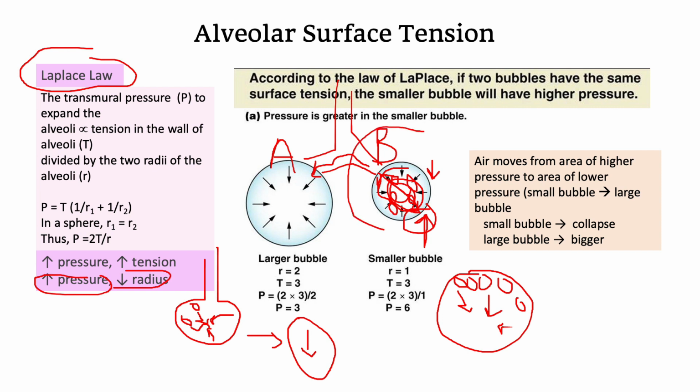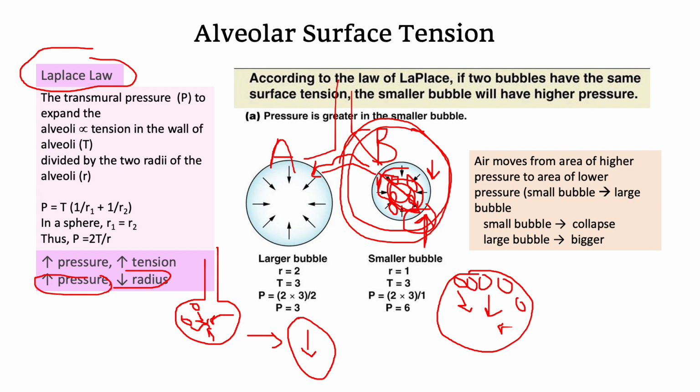This is one alveolus, so imagine what will happen in the whole lung if all the alveoli collapse. It will be very, very difficult for us to breathe, because opening up a collapsed alveolus takes a lot of energy, and it is very difficult. So we don't want this to happen.